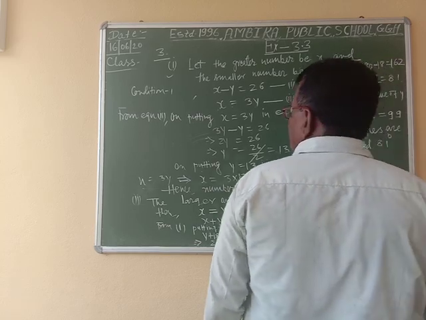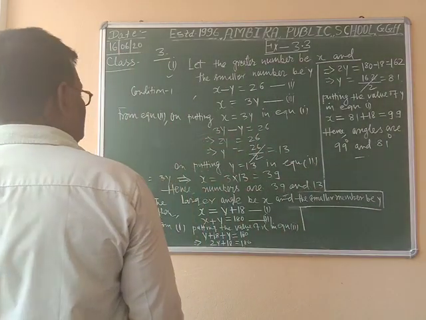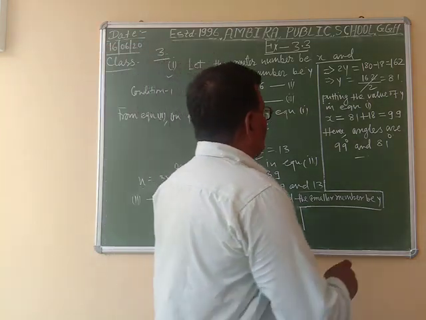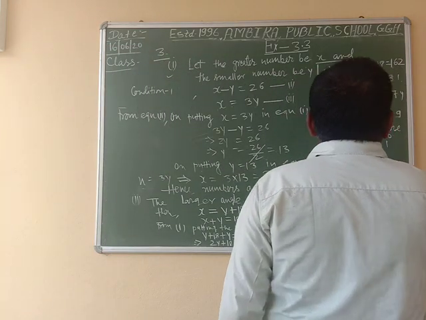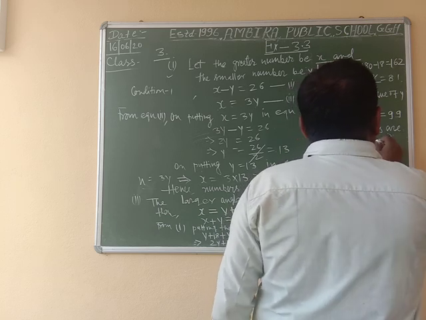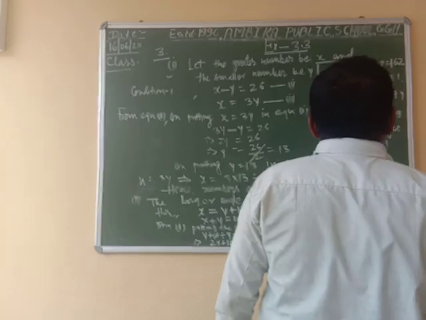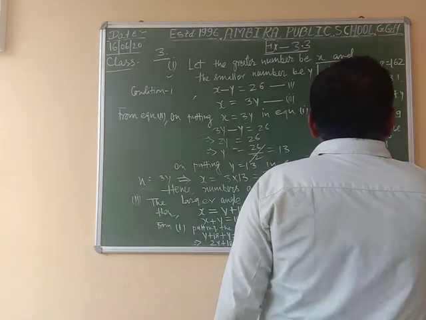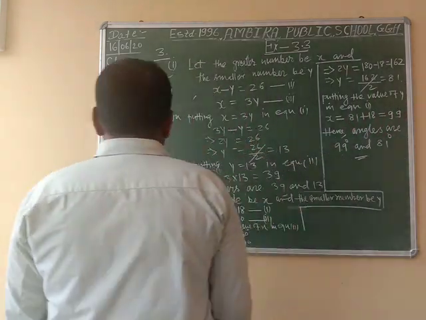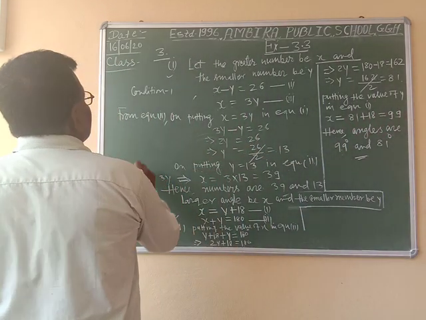To verify this problem, the sum of 99 degrees and 81 degrees is equal to 180 degrees, and it is verified.